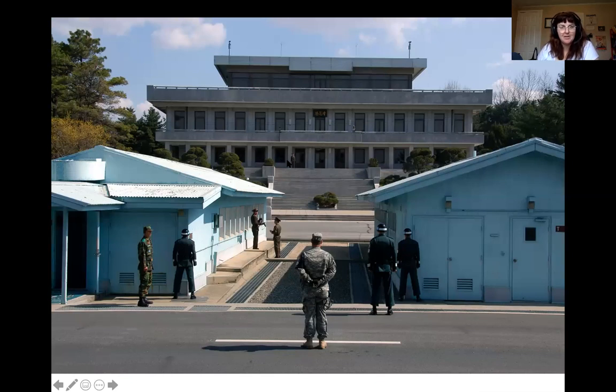And they have the same thing up here, the North Korean guards standing there and staring into South Korea. And actually, the US military and the South Koreans stationed there deliberately choose the biggest, most imposing guys to stand there to show that they're bigger and more masculine and scarier. So you have to be a certain height to serve at the border there. And occasionally the leader, Kim Jong-un, will come out here and look over with binoculars into South Korea.